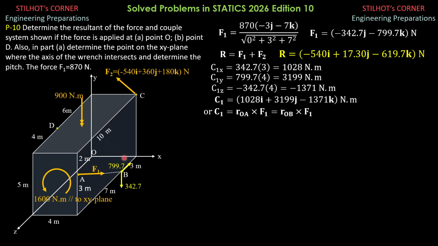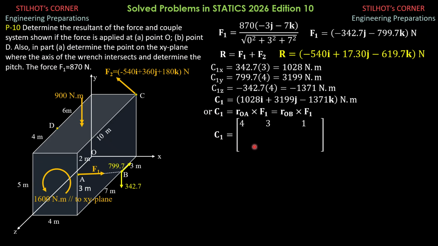But I'll present this. OA is going to the right 4, positive 4i, going forward 10k, parallel to the z, then going upward along y, 3. So that is 4, positive 3, and positive 10.